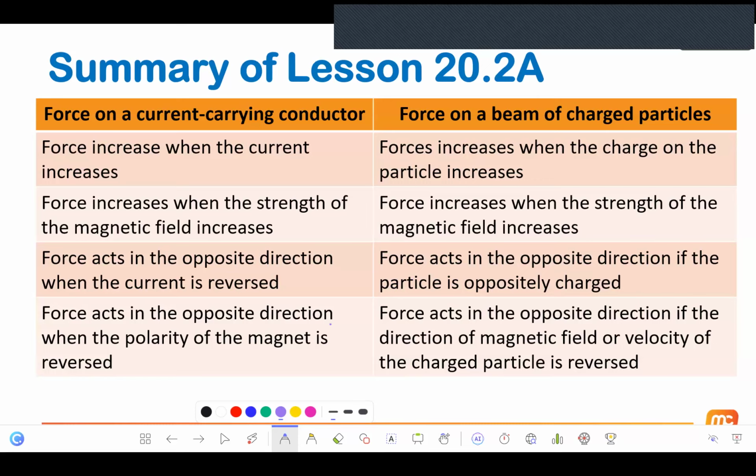So forces act in the opposite direction when the polarity of the magnet is reversed. This is what I just said. I can either reverse the magnets or I can reverse the current. Either one of them will reverse the force experienced on the wire or on the beam. Okay, that's it for this part of the video.